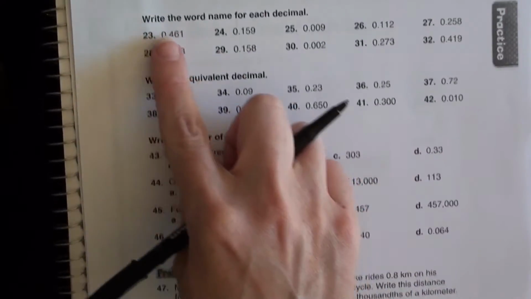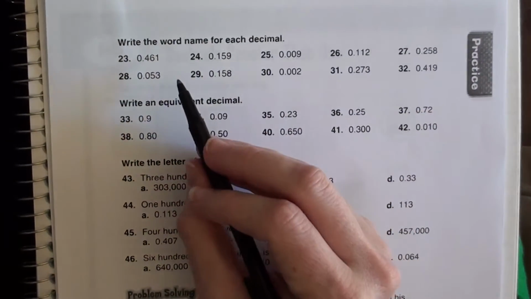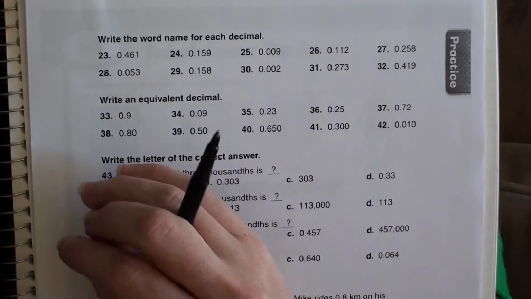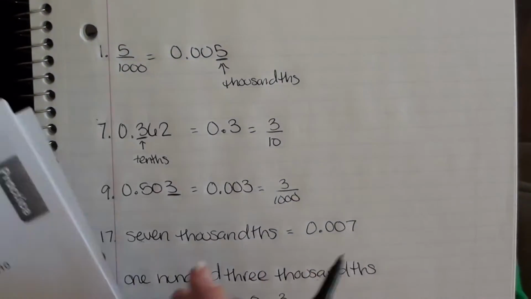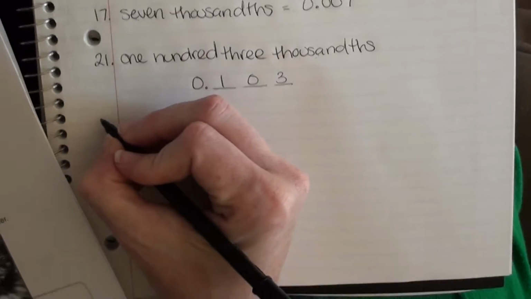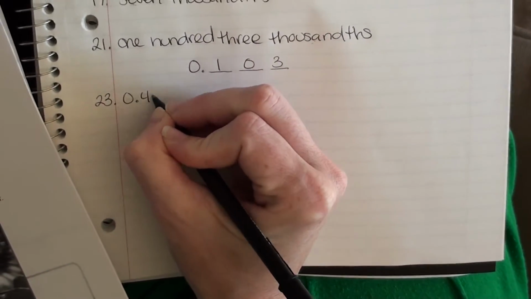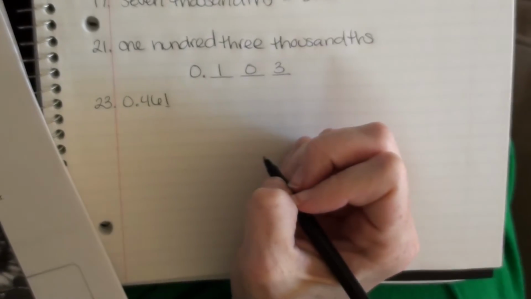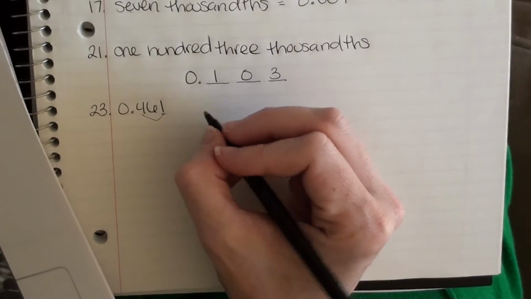In this section right here, you guys are going to write it in words. Okay, so remember that you always name it where it ends. So let's look at 23. We have 0.461, and it ends in the thousandths place. And then what is this number? 461.